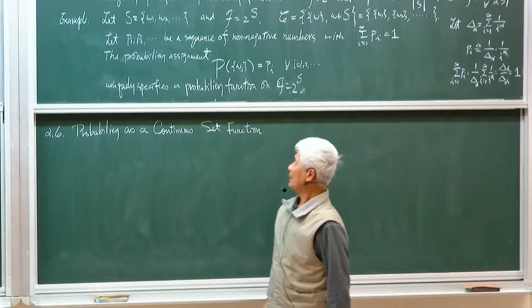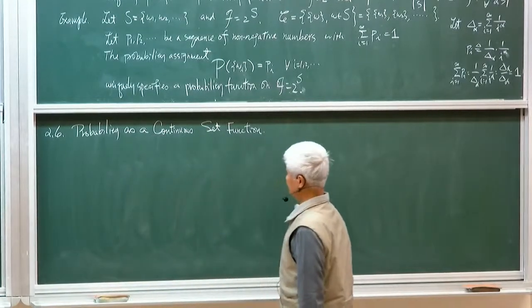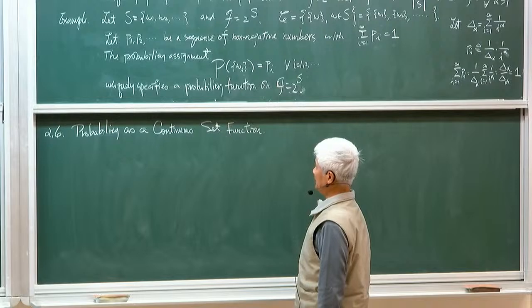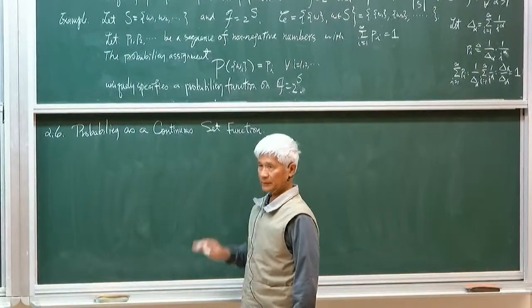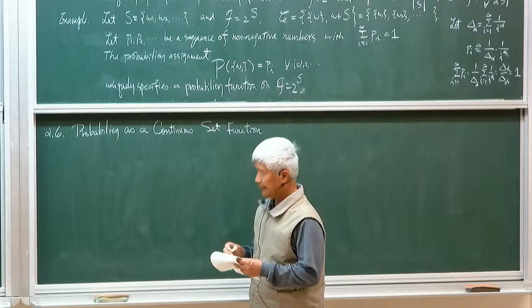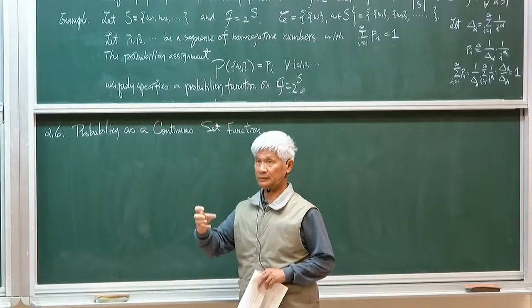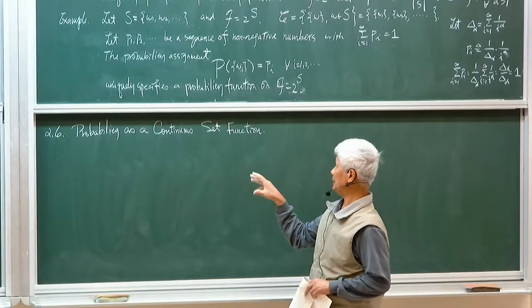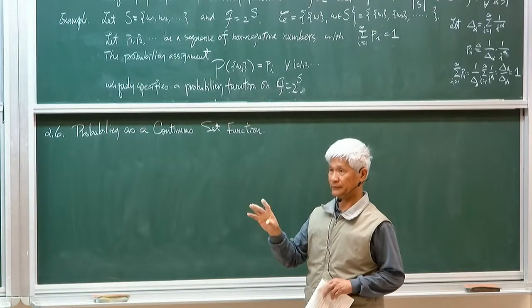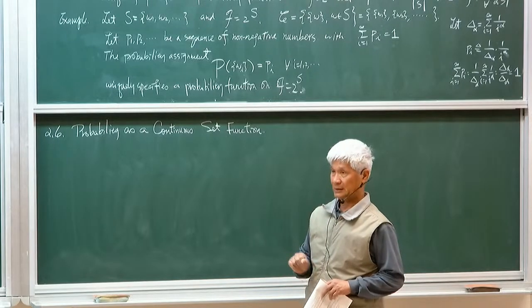The last section is about a very special topic, the continuity of the probability function. We know a probability function is a function defined on the sigma algebra, and the members of the sigma algebra are subsets of the sample space.